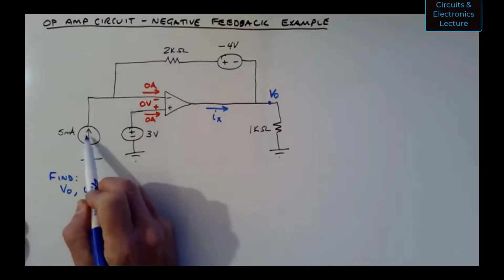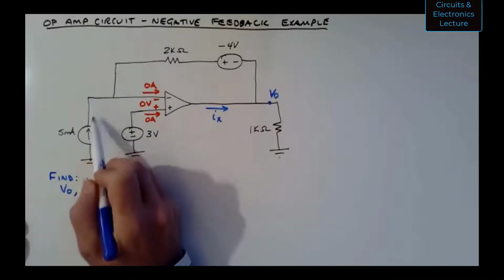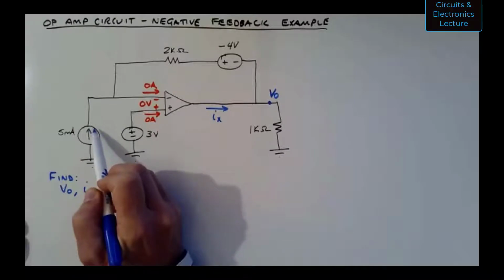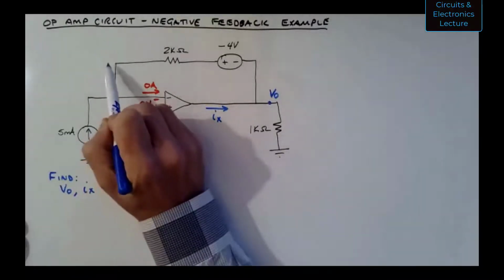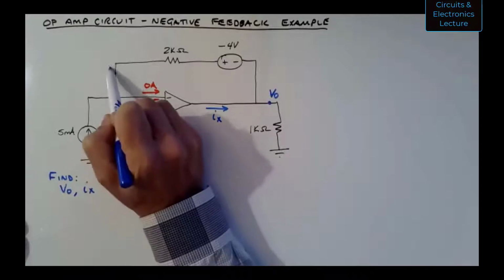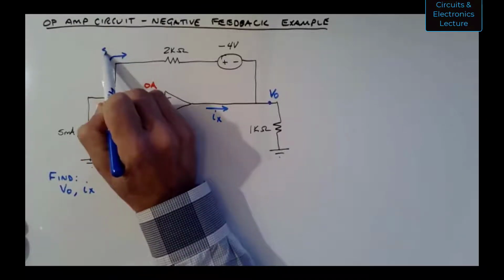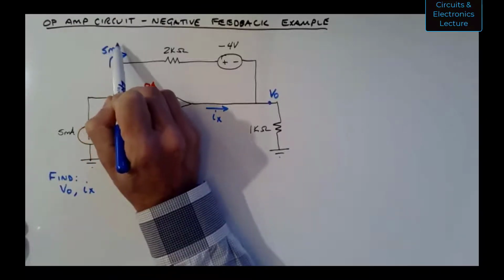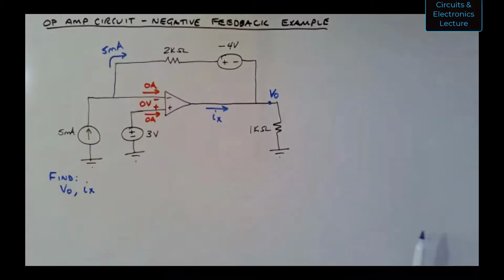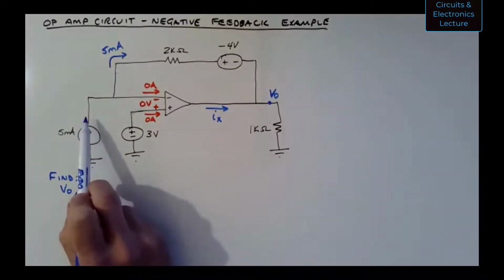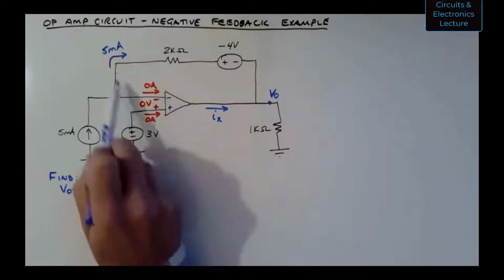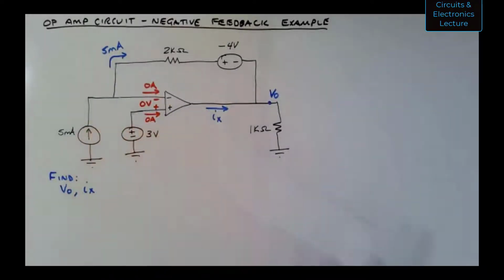I have 5 milliamps coming into this node from this source. It's like a mental KCL equation. 5 milliamps coming into this node, nothing going into the op-amp. So 5 milliamps must continue through that feedback branch.